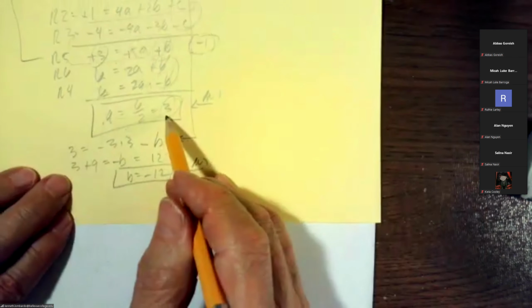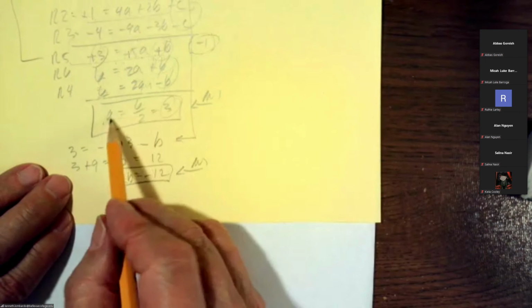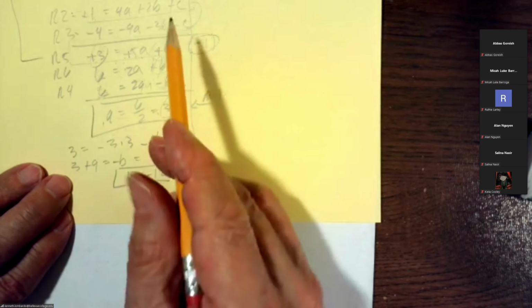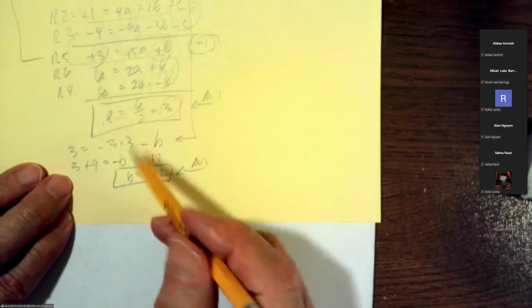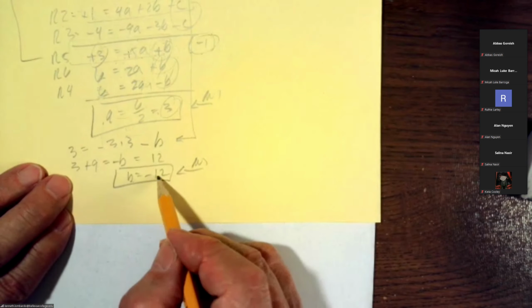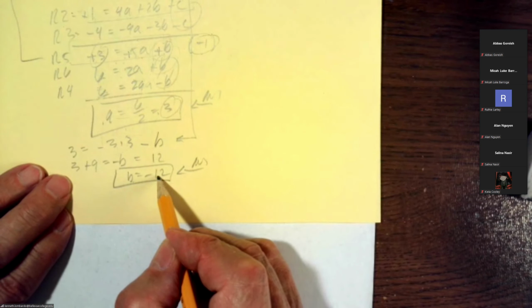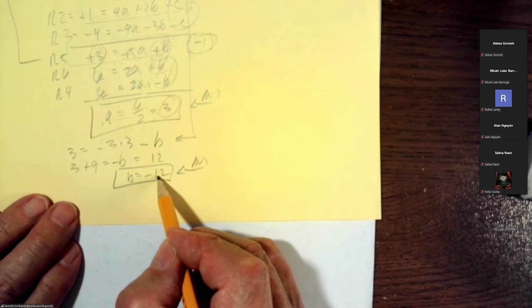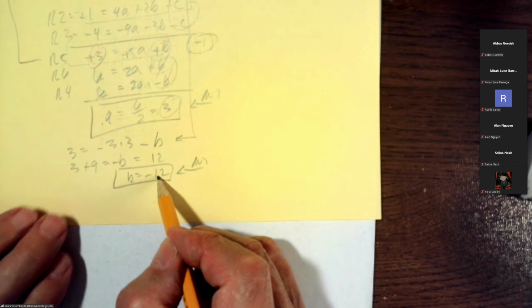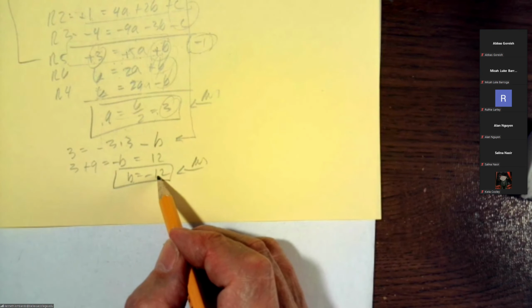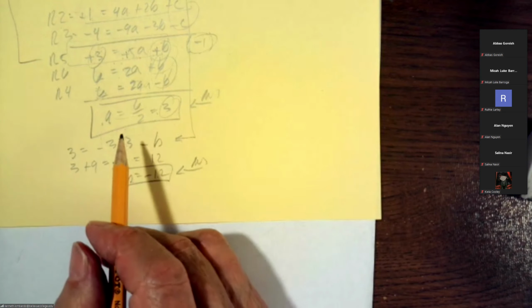Okay, so now we're just going back and substituting back in the previous equations. So we solve for A by eliminating the B out of these two, solve for B, and now we just have to go back and solve for C. We can solve for C by substituting 3 for A and -12 for B in the first equation.